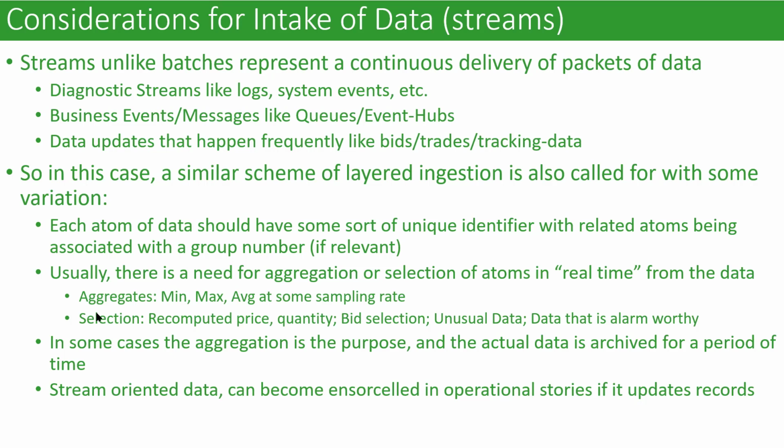And you may have situations where you have a system like a trading system or a bidding system or some sort of tracking data system, and you are going to be getting these continuous streams of data, and you're going to be making decisions operationally, but also in the business context about what your overall processing is going to look like as a result of getting in these streamed things.